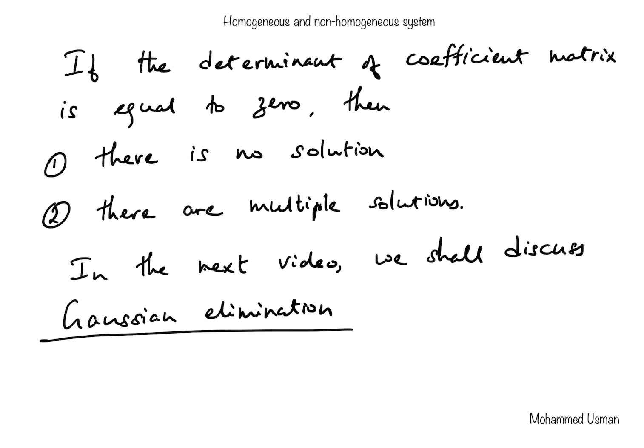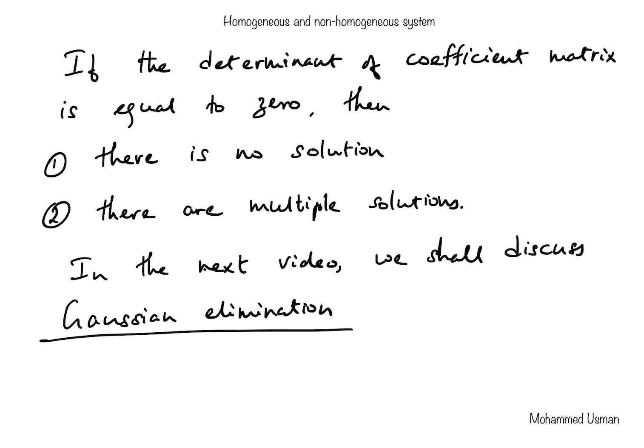So the first condition is that the determinant is not equal to 0, and in that case it has a unique solution. And the other cases are when the determinant is equal to 0, resulting in a singular matrix, and with a singular matrix there are two possible scenarios. One is there is no solution at all, or there are multiple possible solutions, and we can fix one of the variables and find the values of the other two variables, and so on. So we can find those multiple possible solutions.